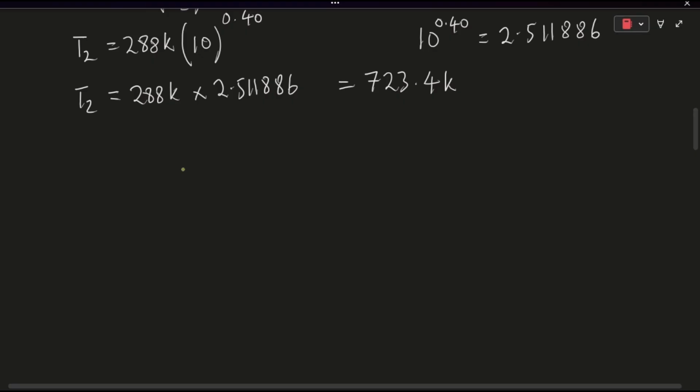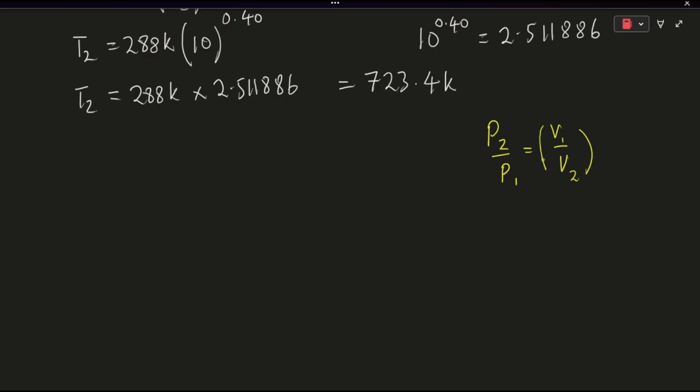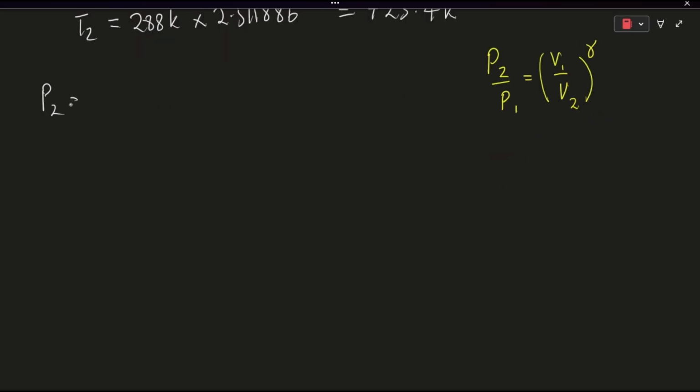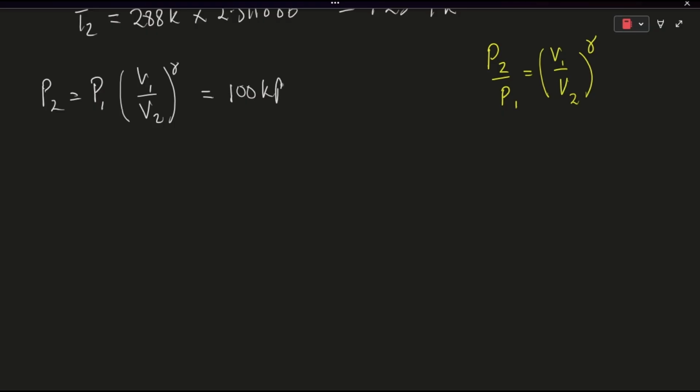Now, to determine P2, we apply this ideal gas relation between pressure and volume, so P2 takes the form, and when we plug in the values, now V1 over V2 is equivalent to the compression ratio, which is 10, and our gamma is 1.40.